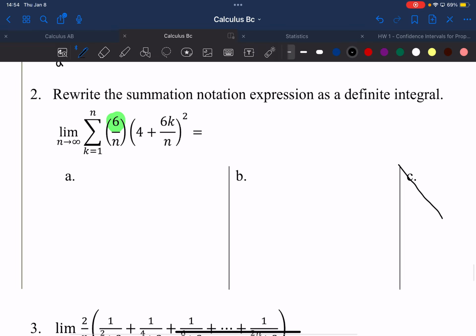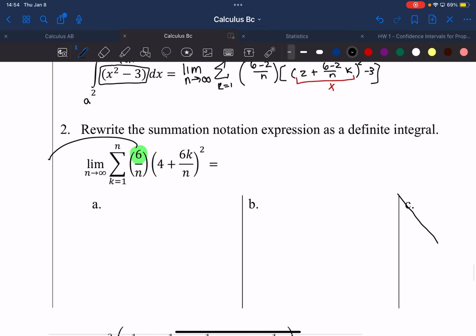Okay, so I'm going to write that off to the side. This is saying the distance between the interval. And it's always going to be that first part over n, because remember, n is just representing our subintervals, which are the number of rectangles.